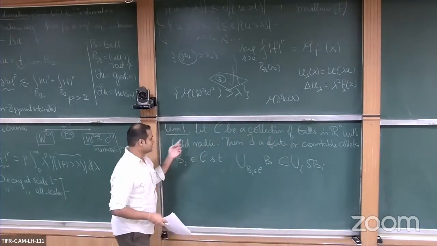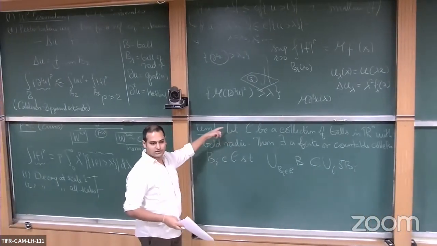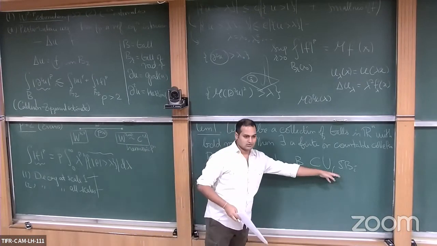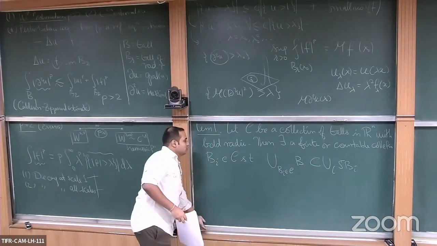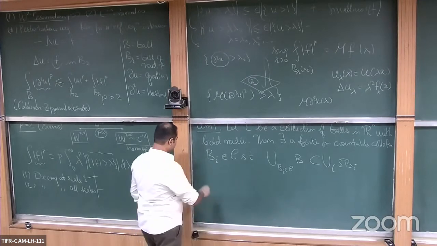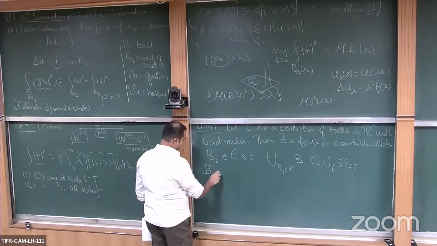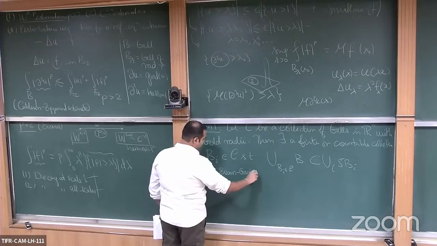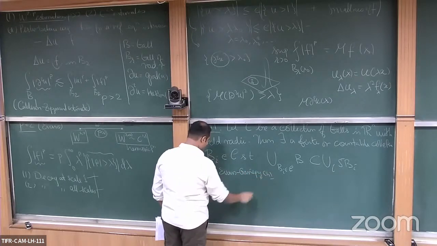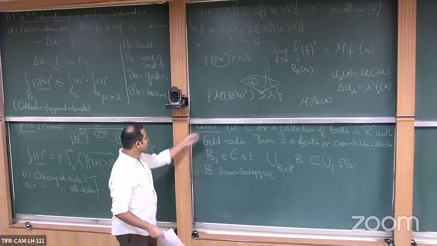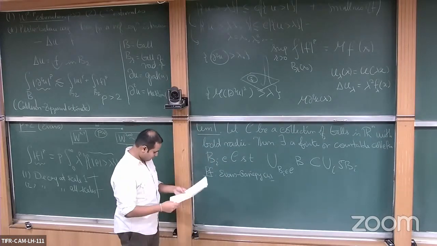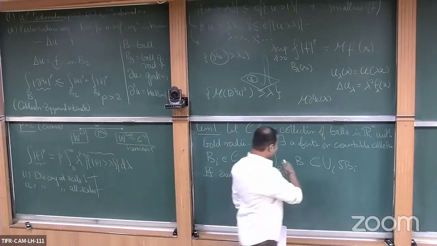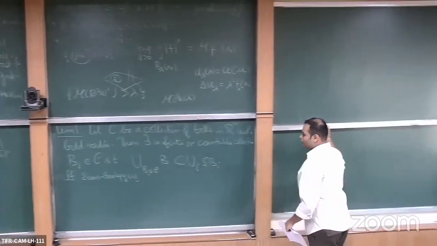Right? So this is the uncountable version of Vitali. So if you have countable, this is just 3 or finite, right? Okay, so this I'm going to presume, and I'm going to do a modified version of this.